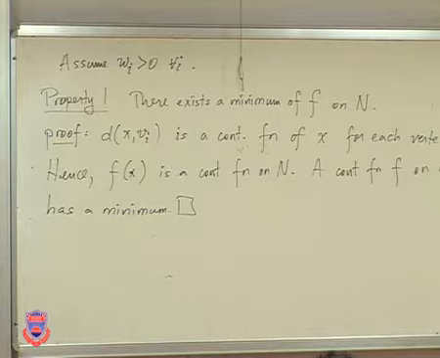A closed and bounded set, in our case. But in general, a compact set is a set that has a finite cover. That's the general definition, which could be a little bit more general than just being bounded and closed.